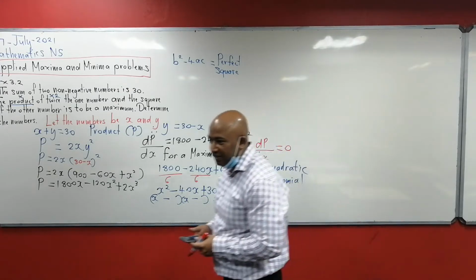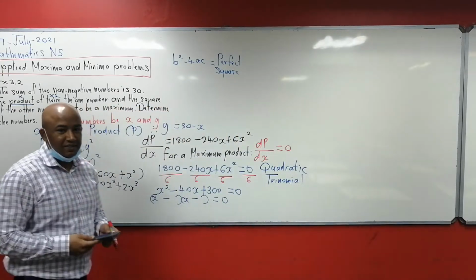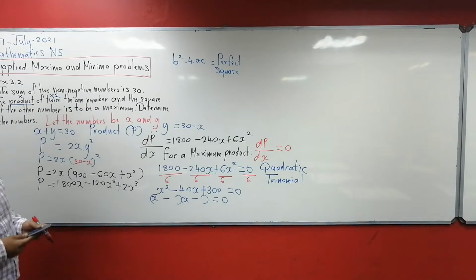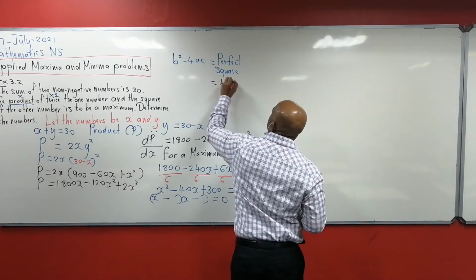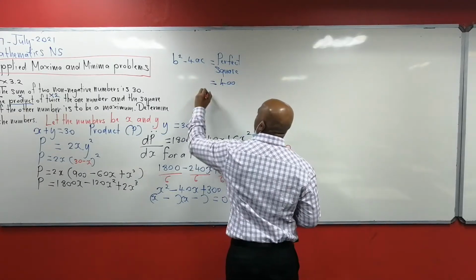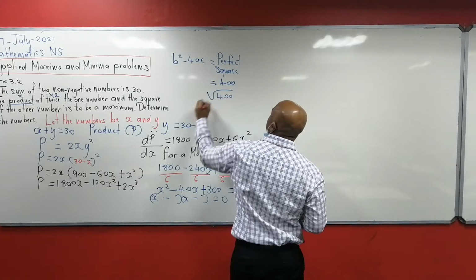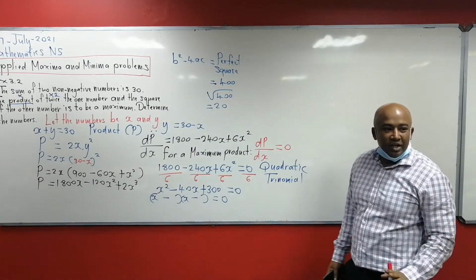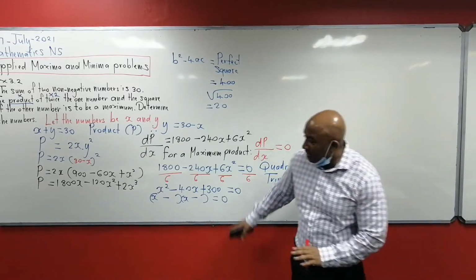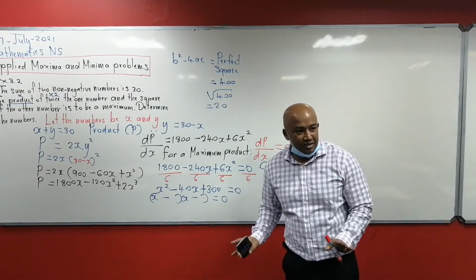Anybody found the factors here? This is a perfect square. So what did I get here? I got 400. Right, so we know the square root of 400 is 20. Right, so that's how you check if something can be factorized, whether you're dealing with large numbers or not.